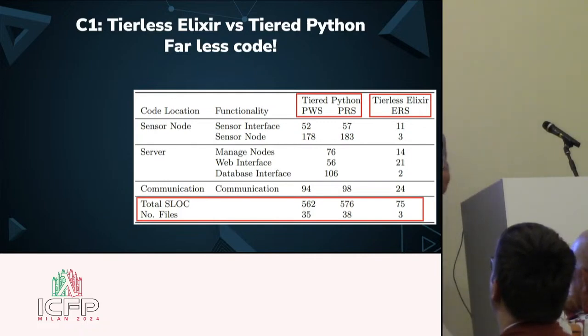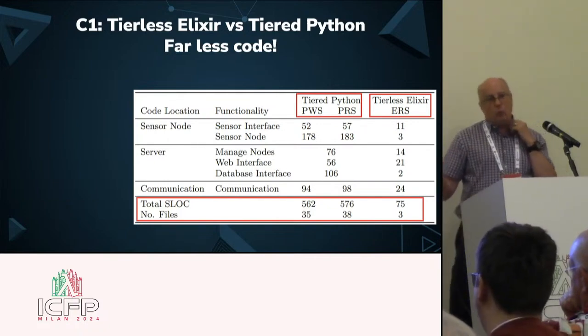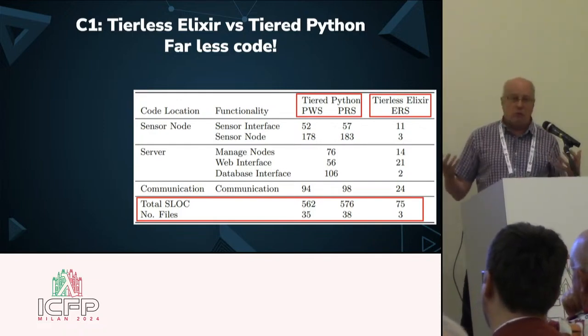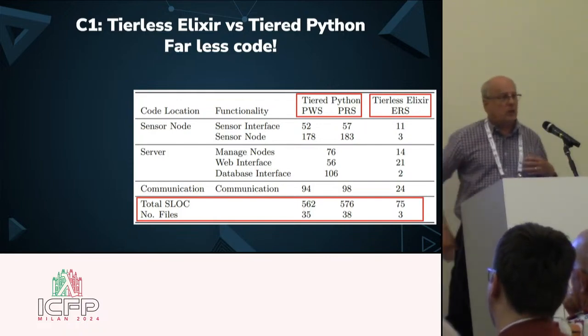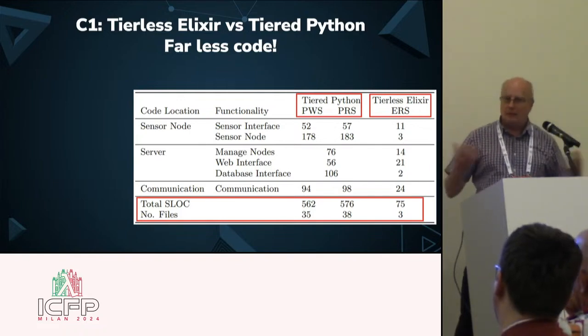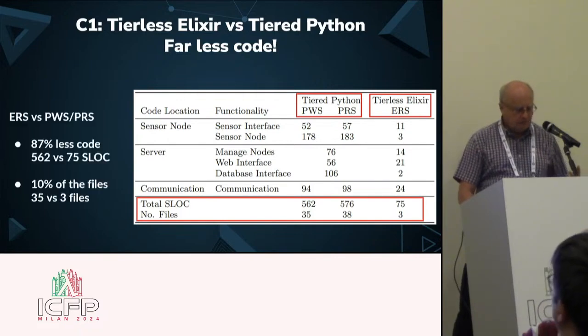There are a lot fewer files, 3 rather than 38. It would be possible to put all the Elixir code in a single file. It's only 70 odd lines of code, but for modularity, it just works better in 3 files.